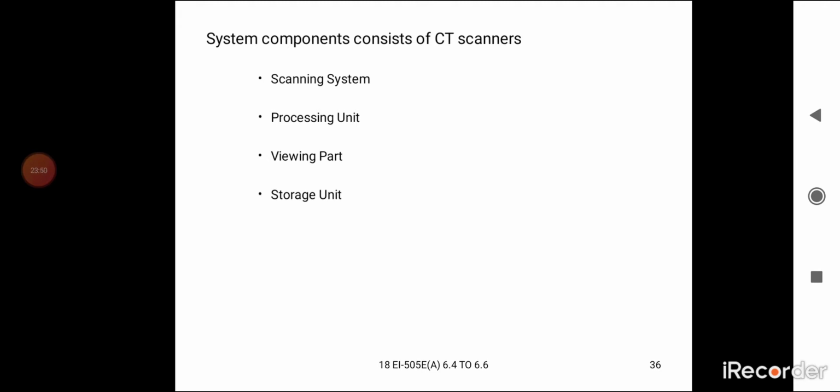The system components of CT scanners are the scanning system, processing unit, viewing port, and storage unit. The scanning system includes the X-ray source and detectors.